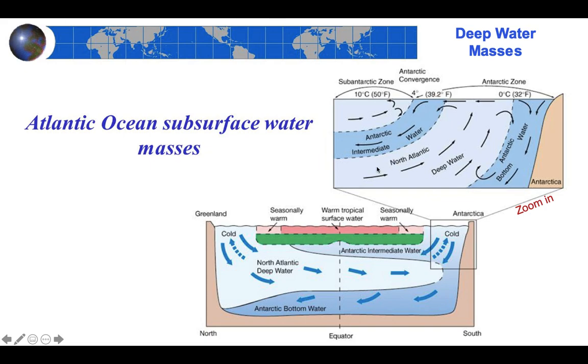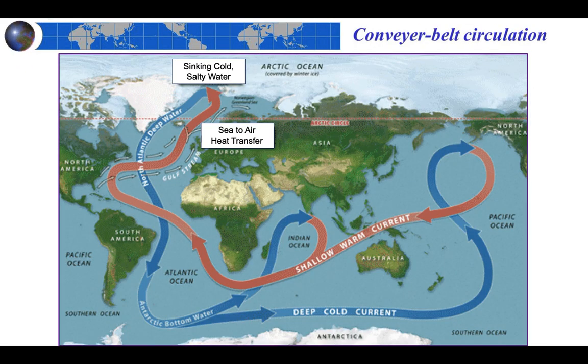And then here is the North Atlantic deep water coming in from the north, and to the north of that we have the Antarctic intermediate water with relatively warmer temperatures and relatively less salt content. So as you go from the south to the north, you see the changing temperature conditions, and the surface water getting relatively warmer. So the temperatures and the salinity contents absolutely affect the deep current systems.